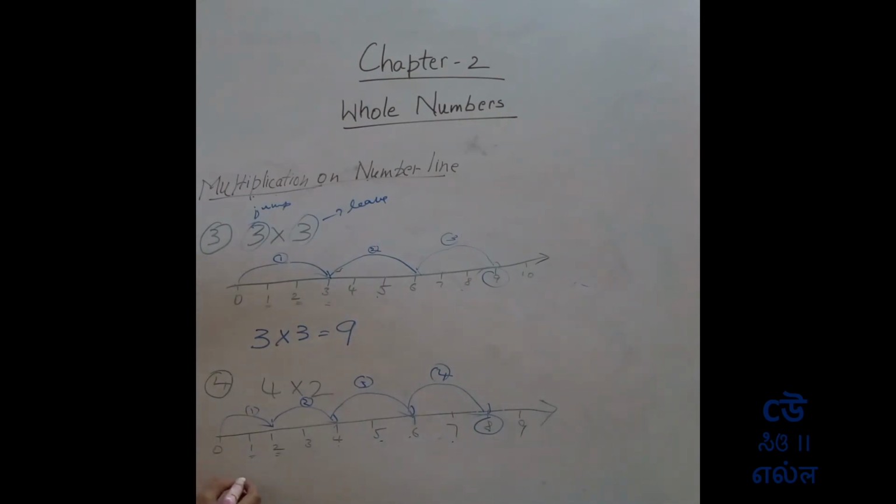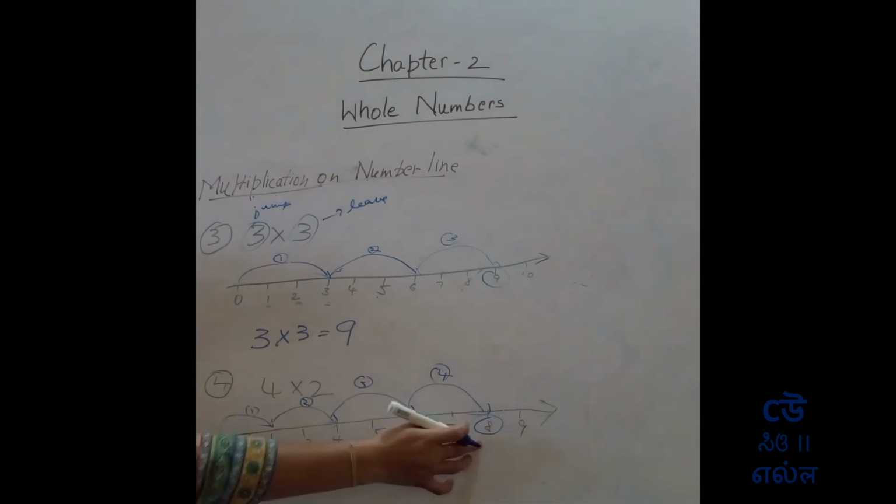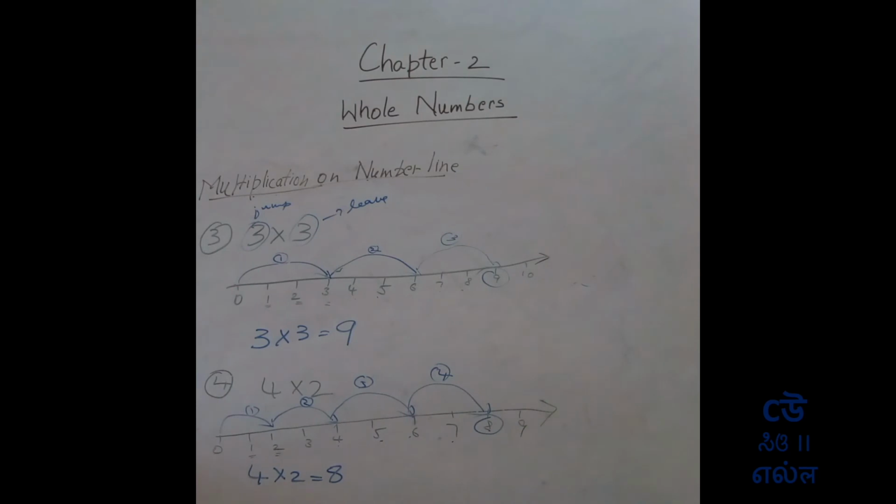So 4 twos is 8. What is the answer we got? 8. So it's the same answer. Okay. Understood, children?